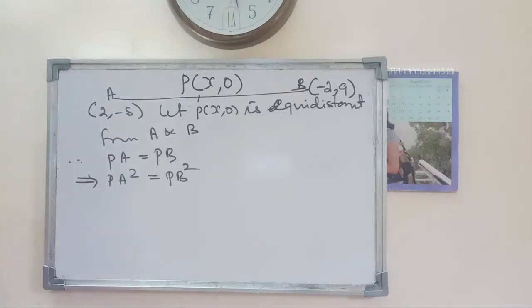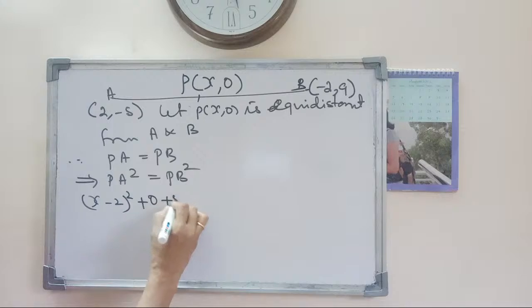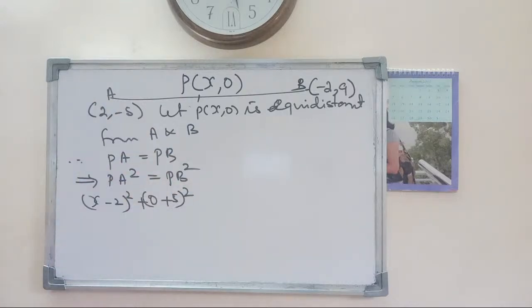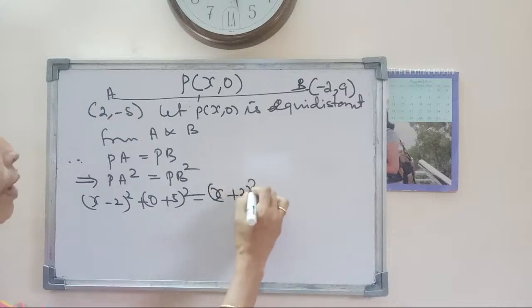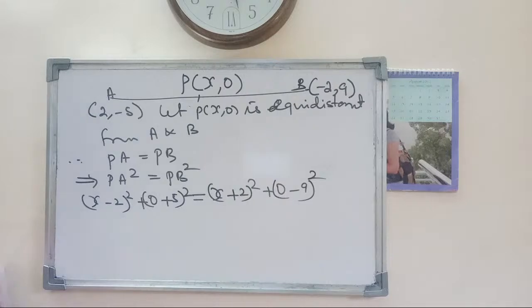Are you all trying? (x minus 2) whole square plus (0 plus 5) whole square. You can take from here to here or from there to here. You will get the same answer. In the beginning itself I mentioned (x plus 2) whole square plus (0 minus 9) whole square.